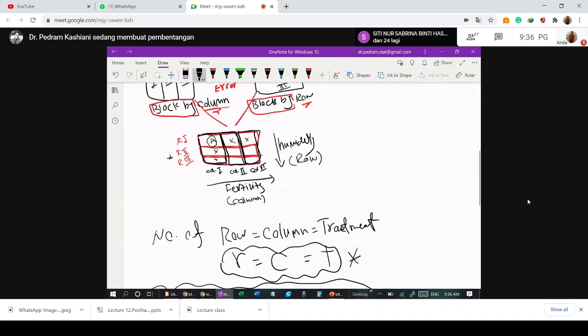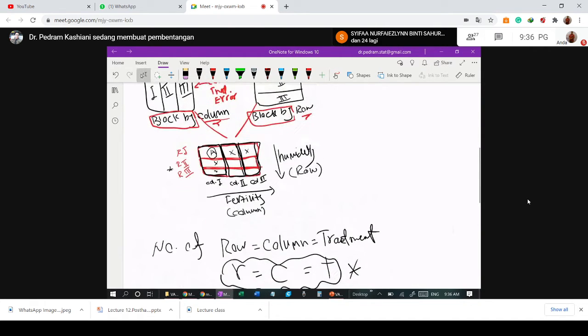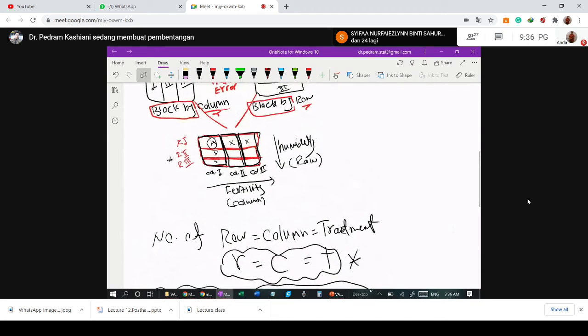If we follow these rules, we are able at the end of the day to remove the variation of fertility by blocking the source of variation for column, and I can remove the variation because of humidity by the source of variation called row, if my blocking is correct.